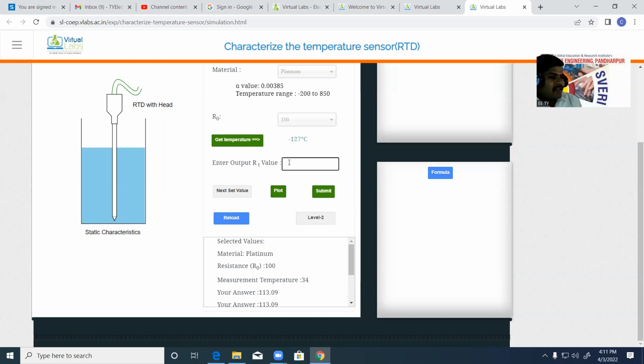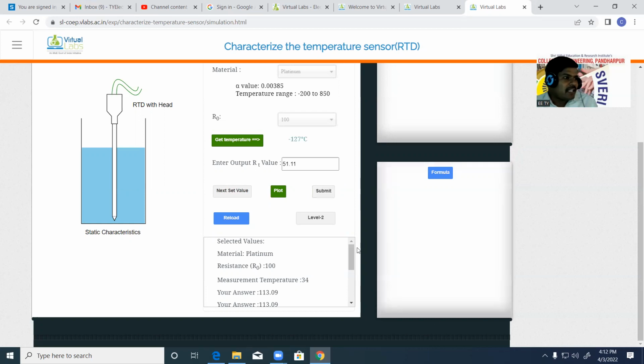So calculate the value of RT. 51.105, का 11 करू? 2 decimal पर्यंत पाहिजे. Okay, submit that value. Now it is correct. Okay, we have taken 3 readings.